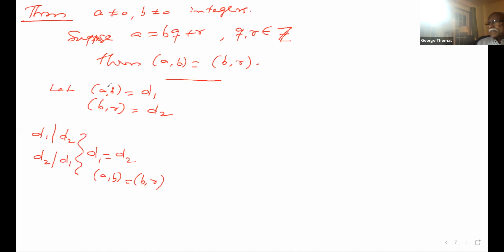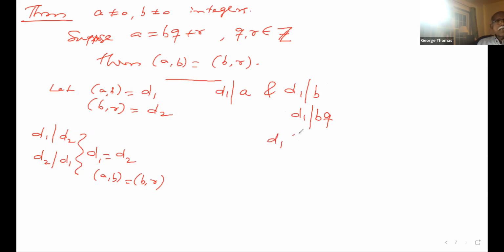Let's see now. We know that D1 divides A. The gcd of A and B is a divisor of both, so D1 divides A and D1 divides B. Therefore, D1 divides BQ.